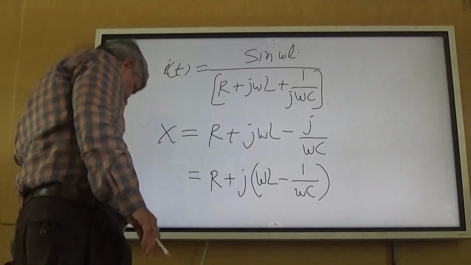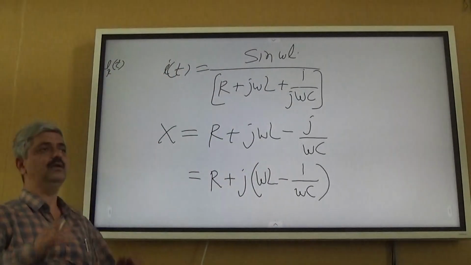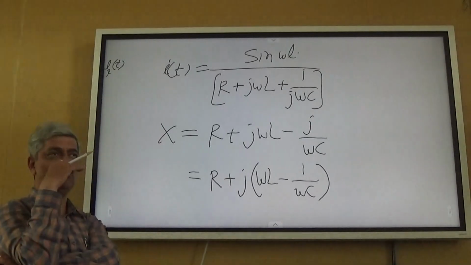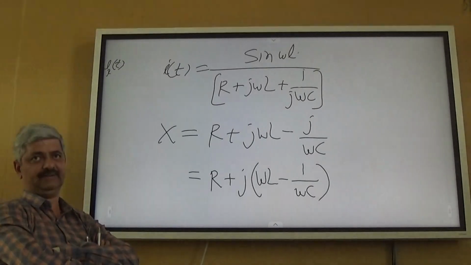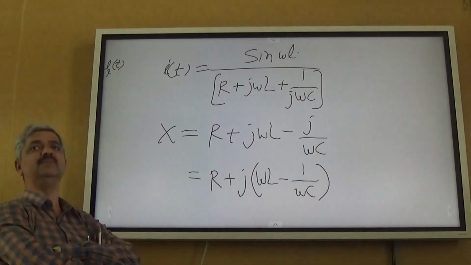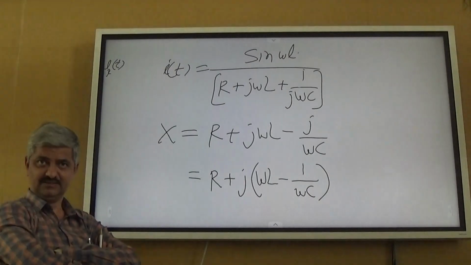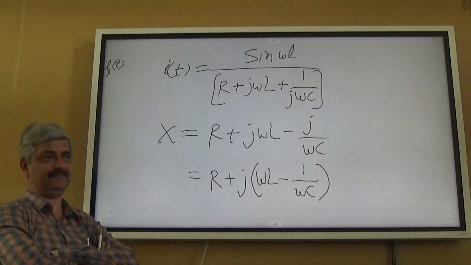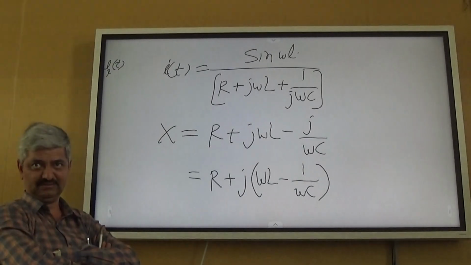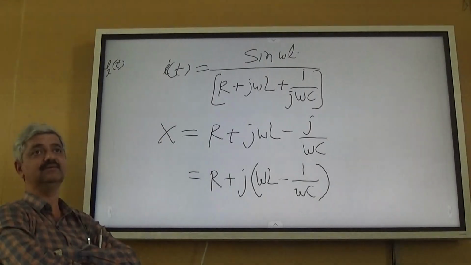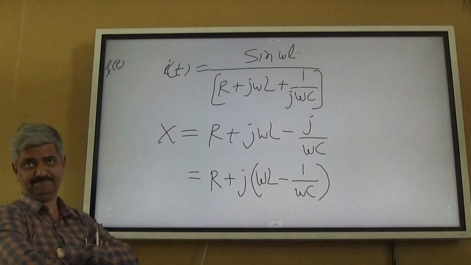Right. So whenever we have only R, listen very carefully now. Whenever we have only R, the impedance is real. For a circuit which consists of only R. If we have a circuit which consists of only L, the impedance is positive imaginary.